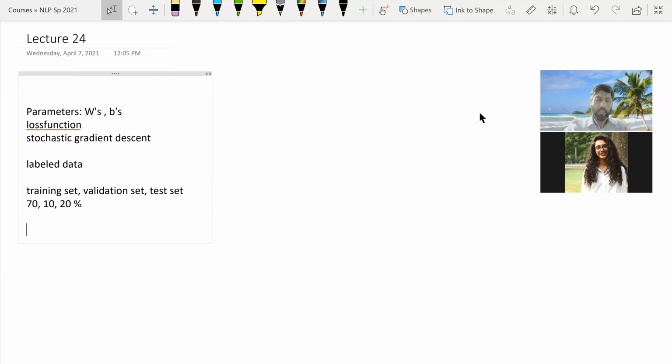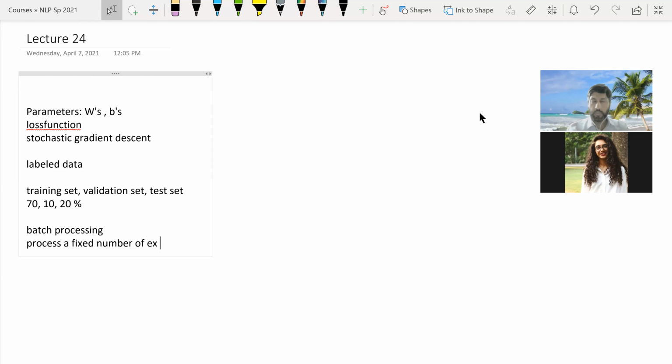But again, to speed up the process, we do not update the parameters after seeing each example in the training set. We update them after seeing a number of examples. That number of examples is usually called a batch. And as such, we say that we are doing batch processing. So basically, process a fixed number of examples. For example, you can say you're processing 100 examples.